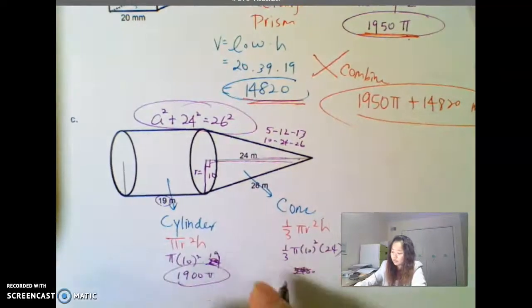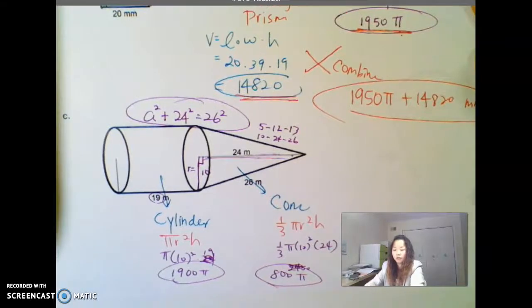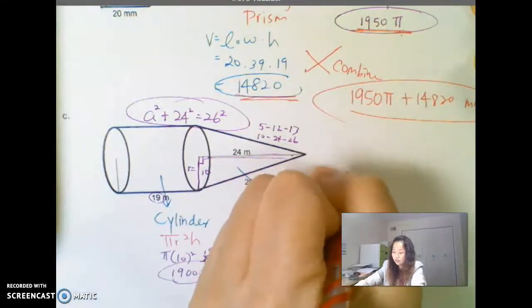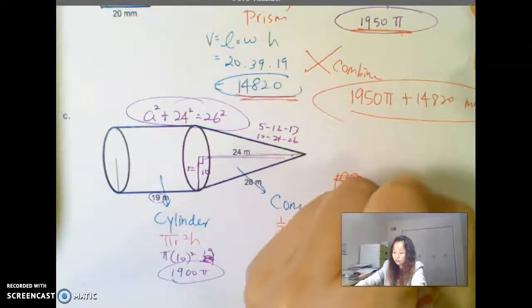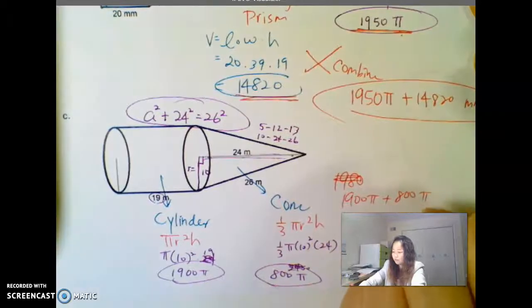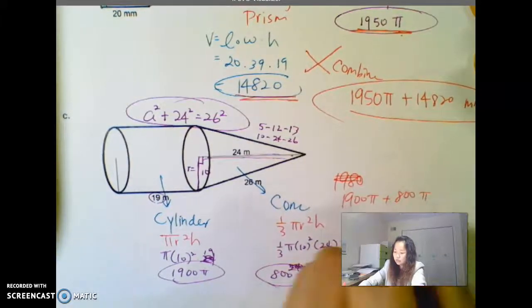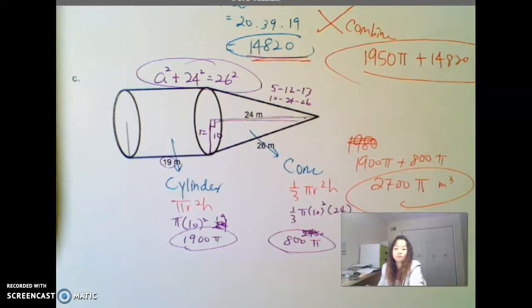So that is 800. Don't forget the pi. So the volume of this combined shape would be 1900 pi plus 800 pi. Together it's 2700 pi. Don't forget the unit. There. 2700 pi cubic meters. Are we good?